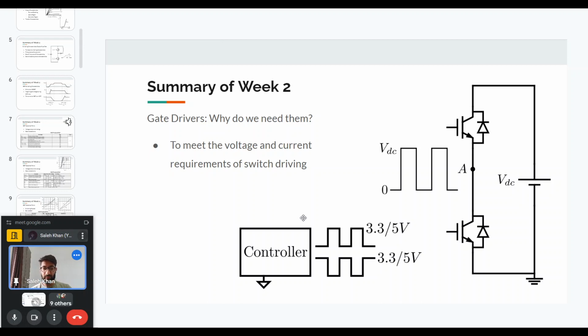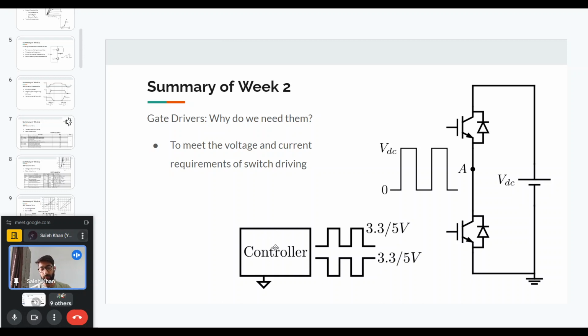But the controller, whether it is a digital or analog controller, cannot provide this much high current. They don't have the capacity. They are not designed for this much high current. And if we design them for these high voltages and high currents, then they will take up more space.